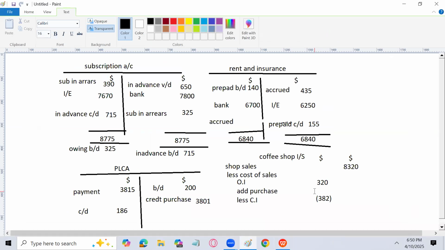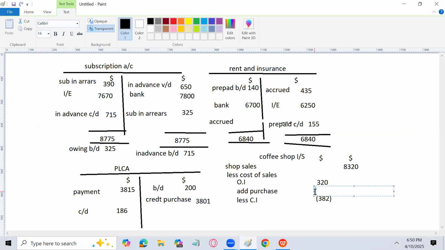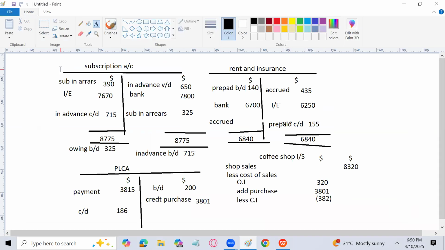Purchases we have calculated, we have done that because we have prepared the PLCA for the same reason to find credit purchases. That is 3801. Right? Aman bhai, is it understandable? It's easy, no problem. We shouldn't forcefully make everything difficult. Yes, so what is going to be the cost of sales?